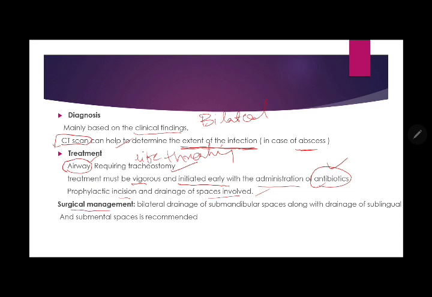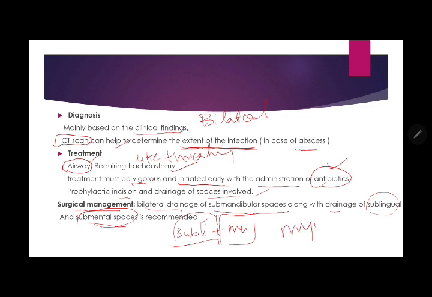Then coming to the surgical management, often bilateral drainage of the submandibular spaces along with drainage of the sublingual and submental spaces is recommended, but it is preferable to drain the sublingual and submental spaces separately to avoid perforation of the mylohyoid muscle.